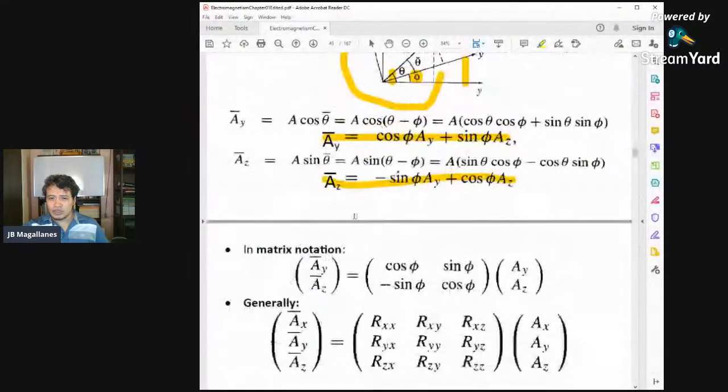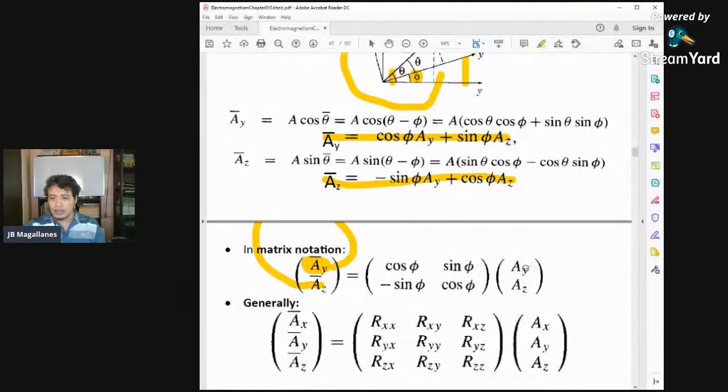And then you can write this in matrix form. The AY here will be this one, and your AZ would be this one. So you can write this as a column vector, AY, AZ. This is a first rank tensor, but don't confuse yourself with tensor. We'll just call this a vector for now.